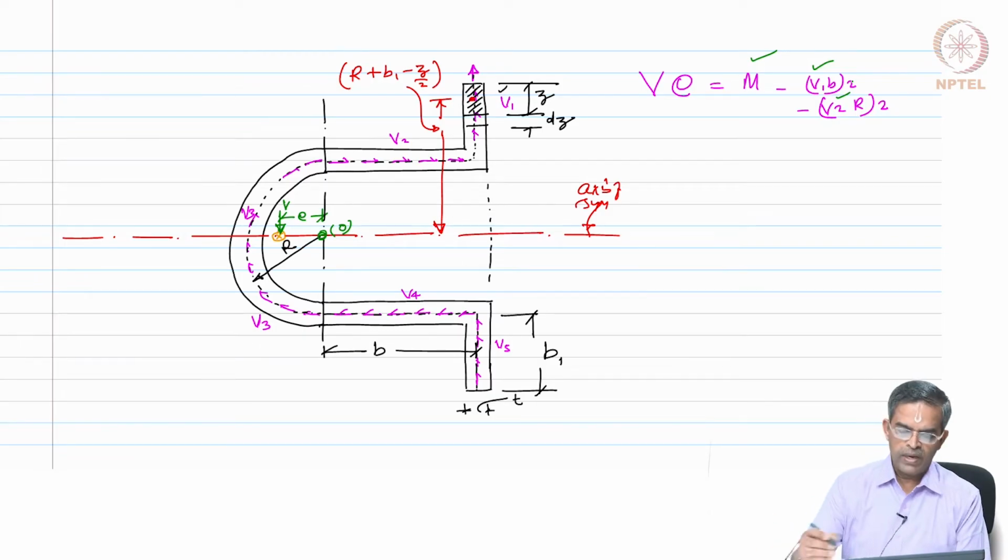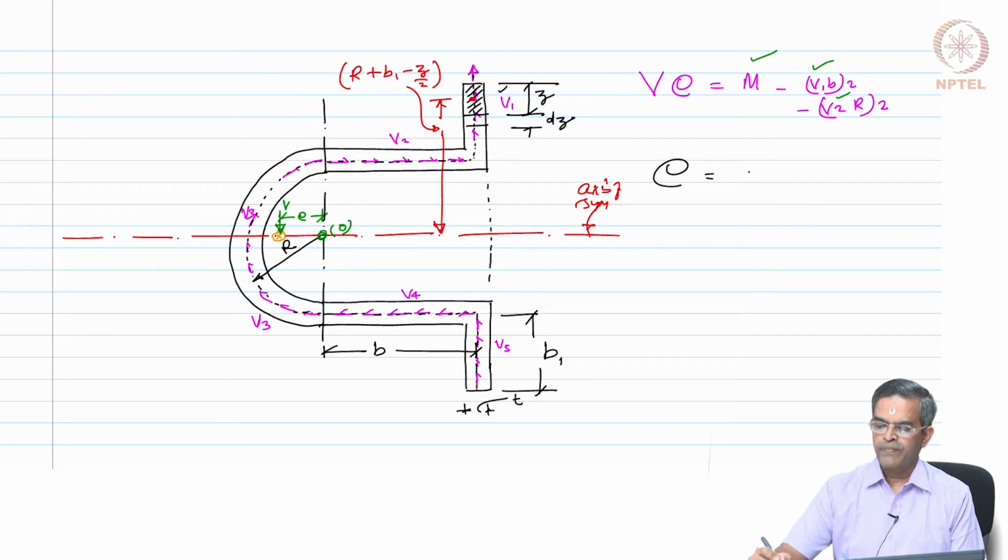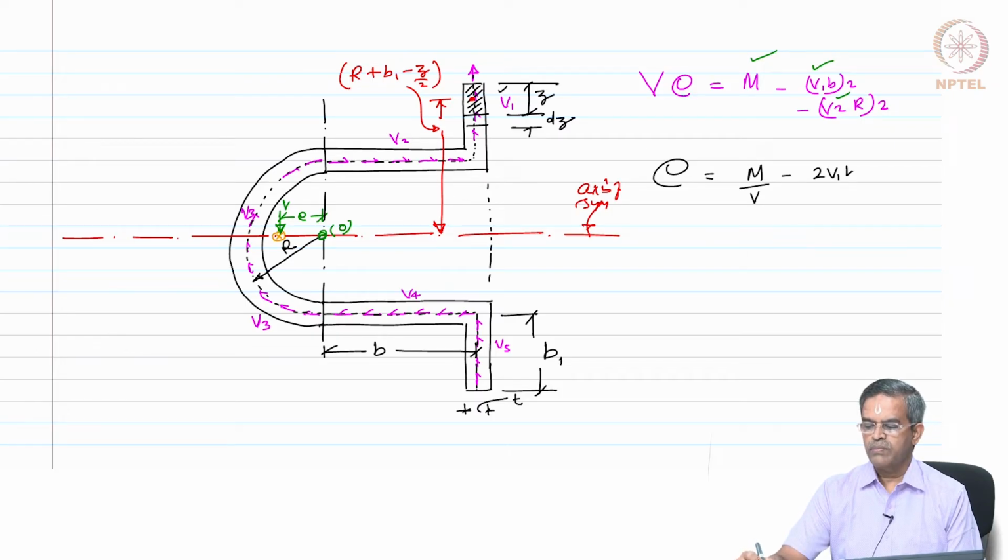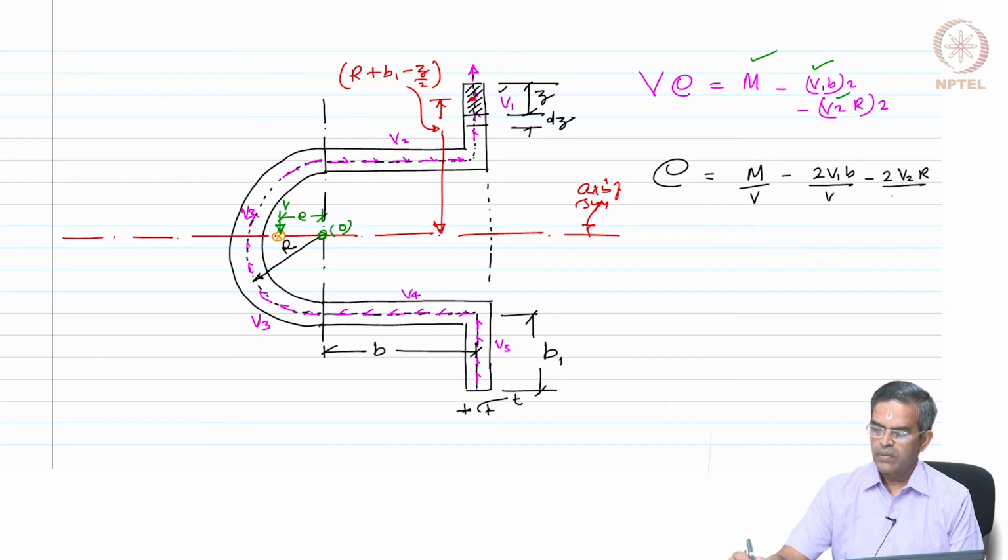Okay. Can I find e? So, e will be, so V goes away, M by V minus 2 V1 B by V minus 2 V2 R by V. I can find it.